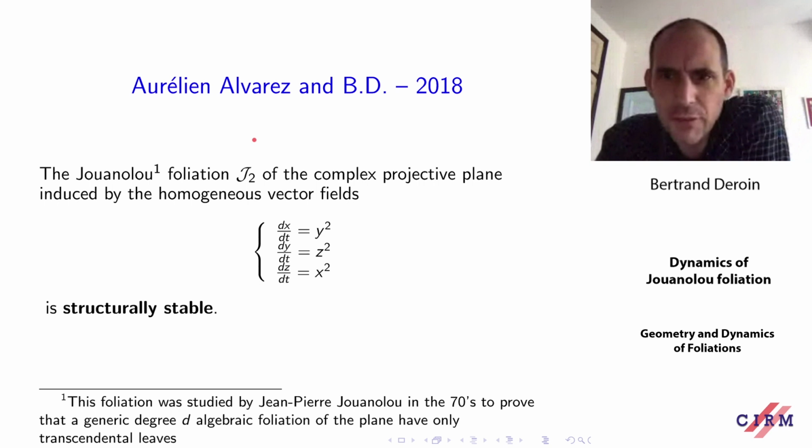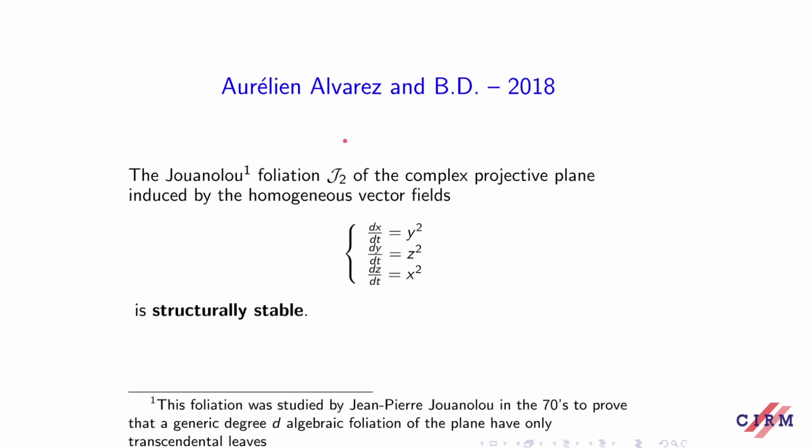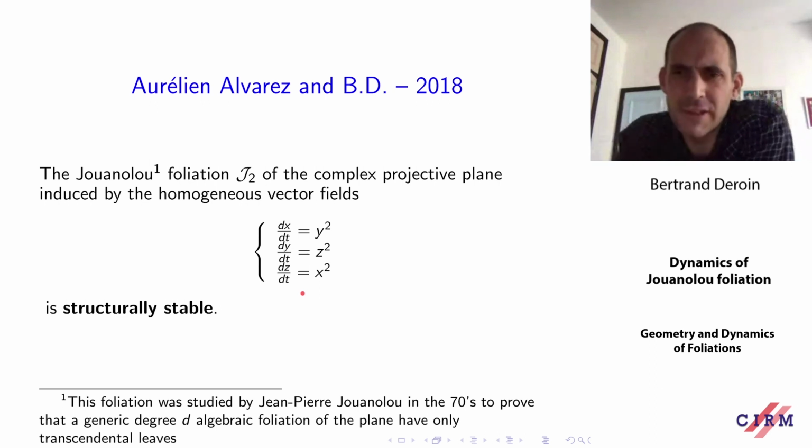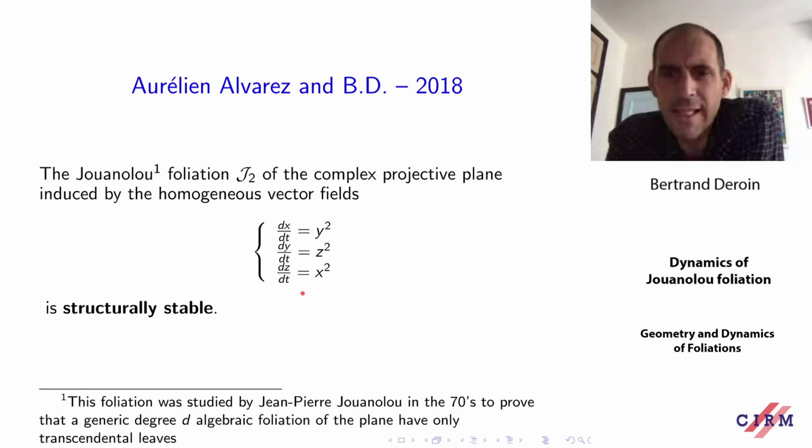In fact, we were able to prove this for degree 2 foliations of the complex projective plane. So the theorem is the following. If you take the Jouanolou foliation of the complex projective plane of degree 2, this is the foliation given by the following homogeneous vector field in C3, with this simple formula.